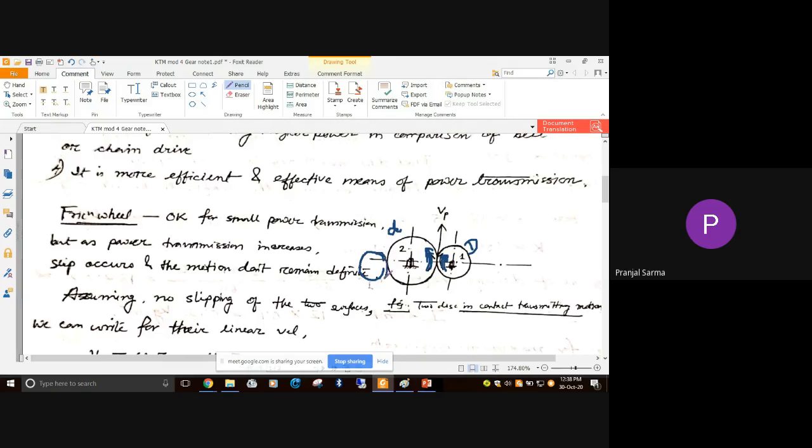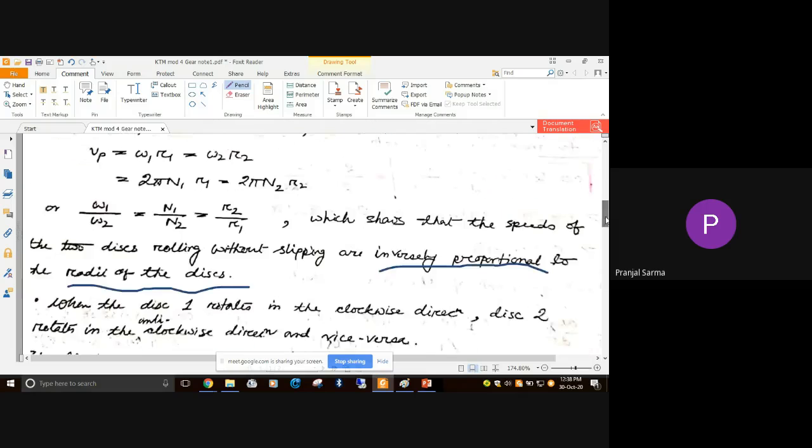Yesterday we discussed that for changing the speed we can use this kind of gear drive. That means if you require to change 500 rpm to 1000 rpm, this kind of motion transfer can be done with the help of properly selecting a pair of machine gears. It depends on this particular size.